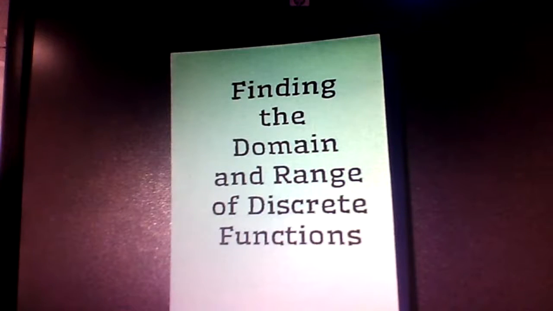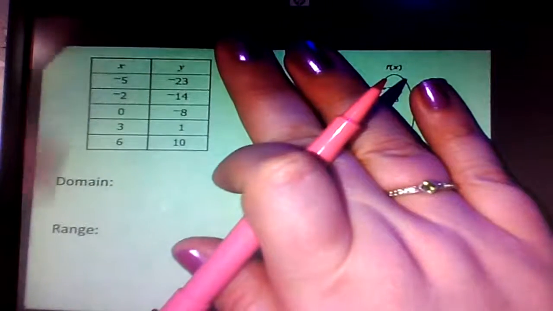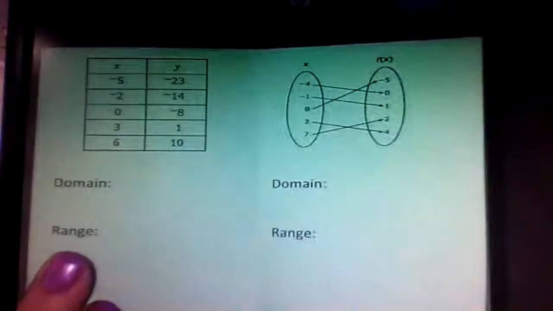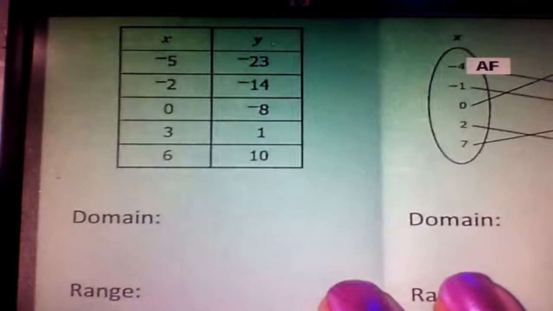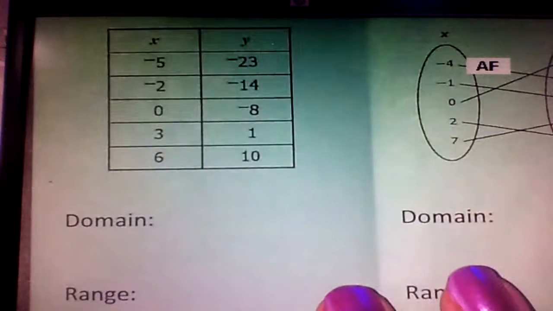Domain and range of discrete functions. So a discrete function is just a list of points or just points on a graph. It doesn't flow from one to the next to the next. Discrete functions are going to look like this. You can see it as a table. So as a table, to list your domain, you just list me all of your X values.